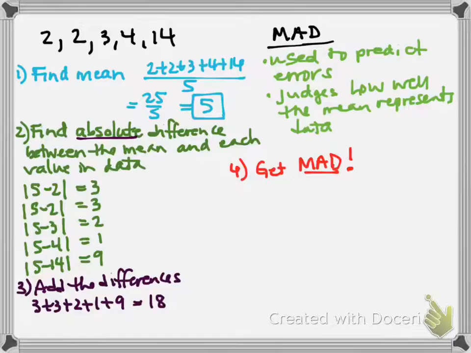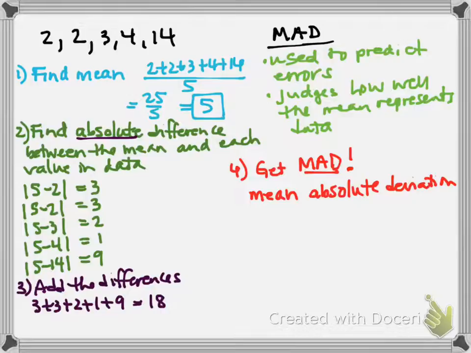So what we're going to do is find the mean. I'm going to do another add up and divide kind of thing. Mean absolute, so it's got to be positive, deviation. That's its name again.